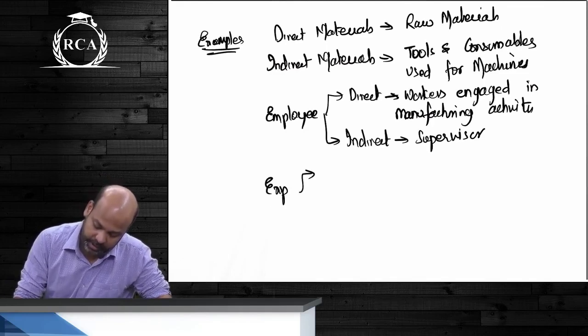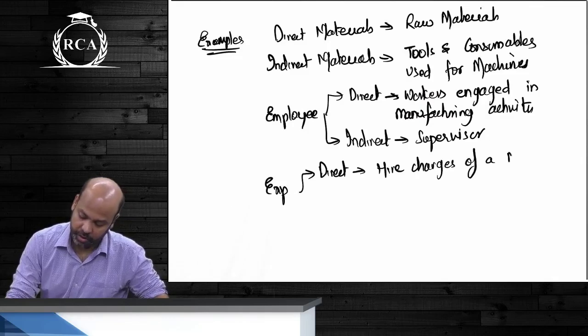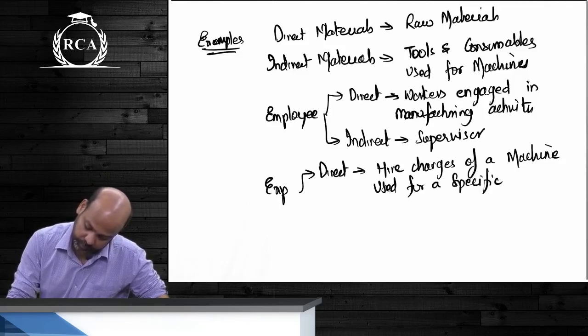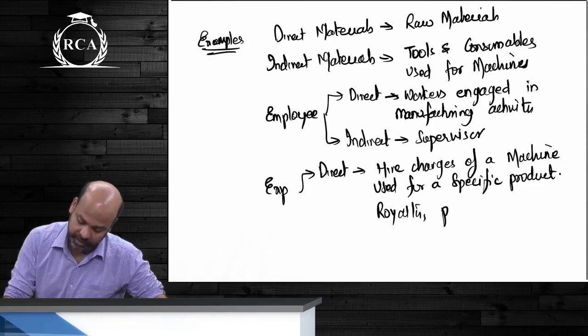In expenses, direct: hire charges of a machine used for a specific product. It can be royalty, product specific design.